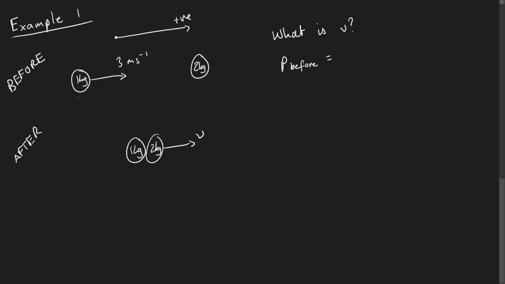So the momentum of the 1 kilogram ball is 1 times 3, which is 3 kilograms meters per second. Okay, now that also means that momentum after must be equal to 3 kilogram meters per second, because they have to be conserved. We have to make sure this is true because we have no external forces applied.